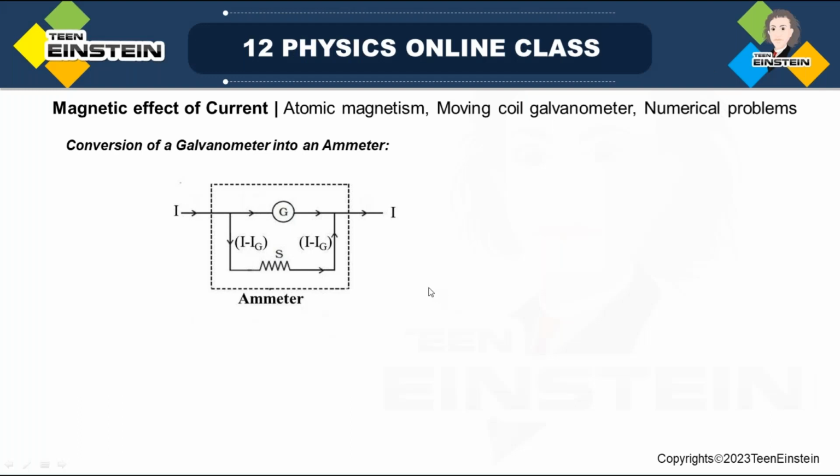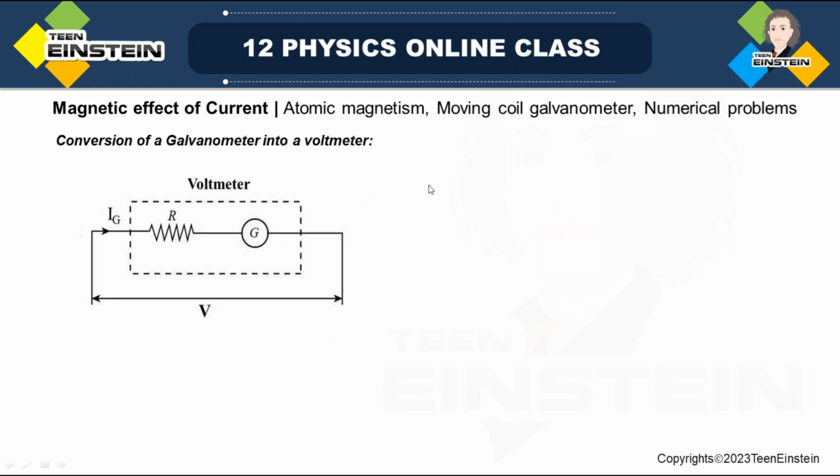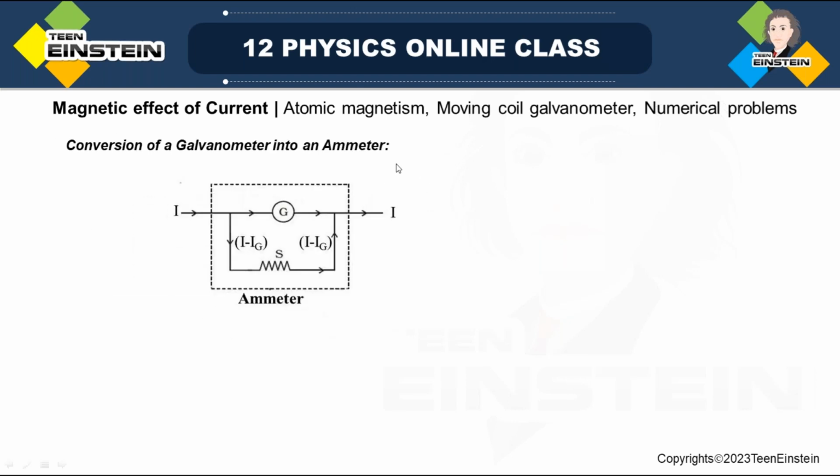Very good evening, students. So today we'll be concluding this chapter, magnetic effect of current. We have already discussed the other part: atomic magnetism, moving coil galvanometer theory part.